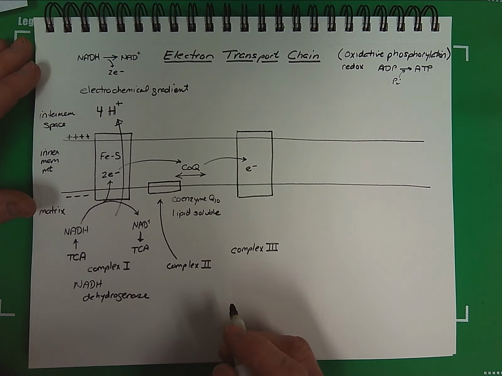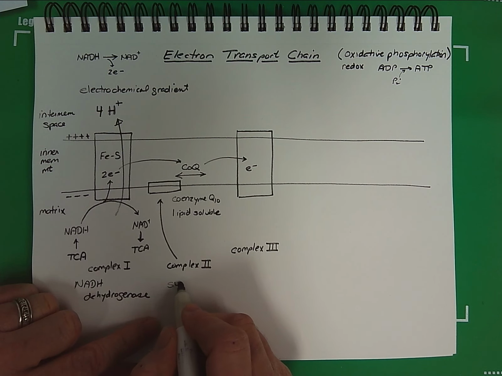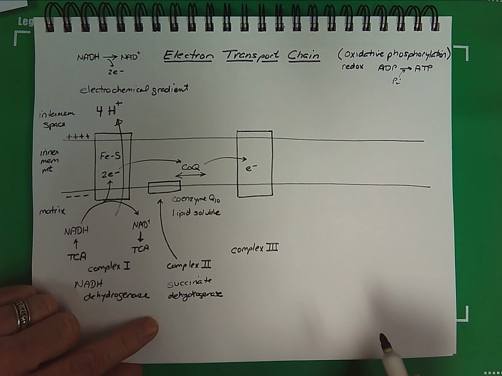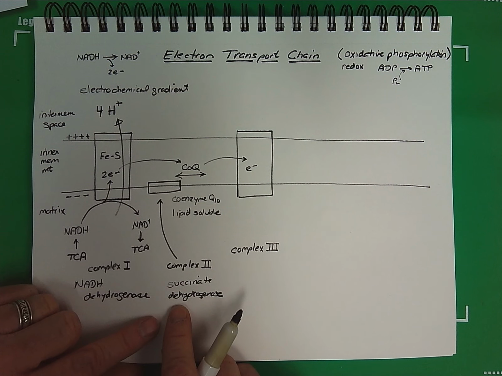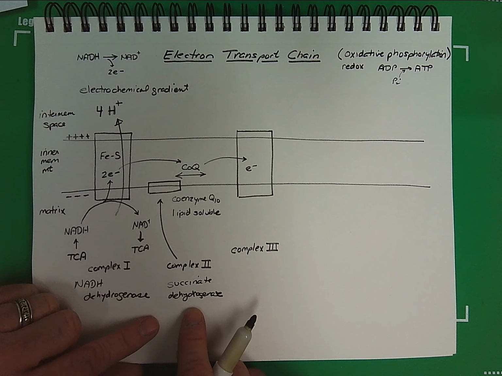Recall the enzyme that we talked about in the TCA cycle called succinate dehydrogenase. This enzyme was responsible for generating the double bond from succinate to make fumarate.